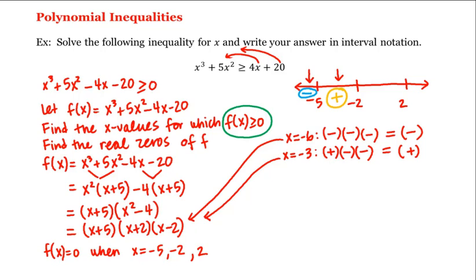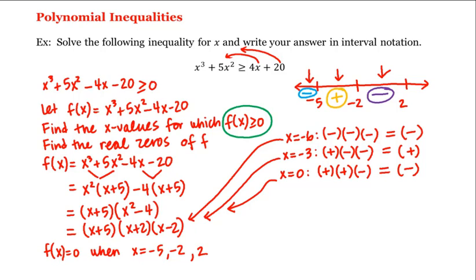Now what about this third interval here? We can choose x equal to 0, for example, and plugging this value into this factored form of f, we get 0 plus 5, which is a positive number, times 0 plus 2, which is also a positive number, times 0 minus 2, which is a negative number. And positive times negative is negative. Which means f is negative then in this third interval.